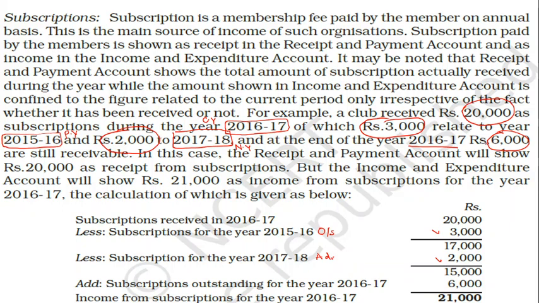So this amount is not received, but of course this belongs to the current year. So we are going to take this amount and add it. So finally, this is the amount of the current year which is to be credited to the income and expenditure account.